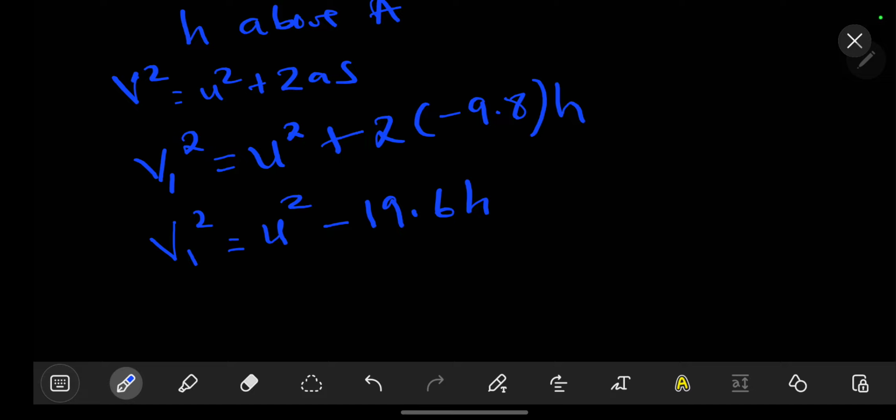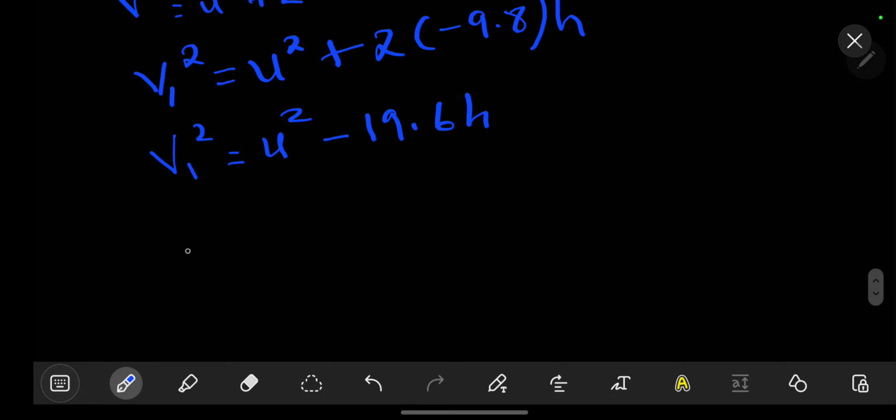With that considered, we are going to also find h below A. For h below A, the h value will take a negative.